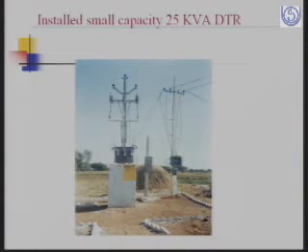This is a small three-phase 25 kVA DTR, which is also used in the high voltage distribution system. The high voltage distribution system can be single phase or 3-phase depending upon the type of loads which are to be fed. If they are motor loads, then a 3-phase 25 kVA distribution transformer can be used. If they are single phase loads, then a single phase high voltage distribution system can be used.